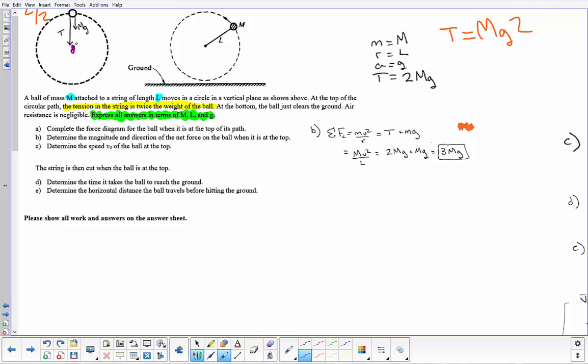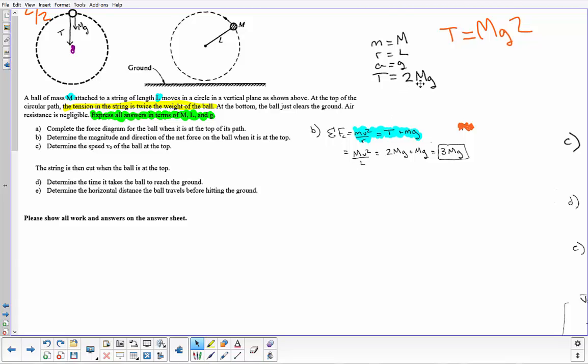And so I first led off by writing T plus mg, just so I can remember that this is my tension and weight. Then I took this entire equation, took it out of equation form, and put it into variable form. So I replaced the m with big M. I replaced r with big L. I know r is L, it's string length away from the center.